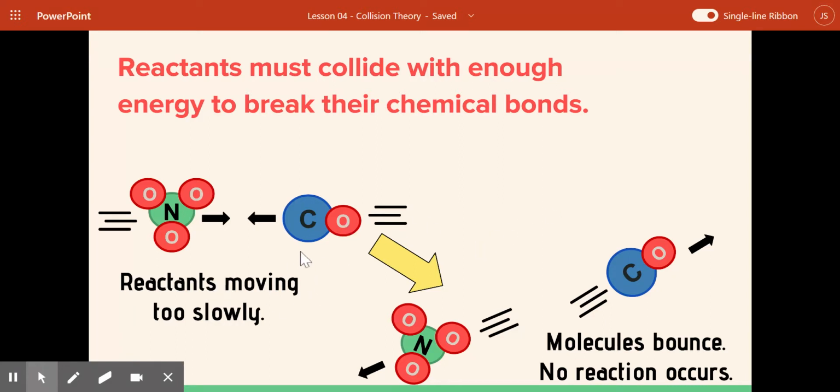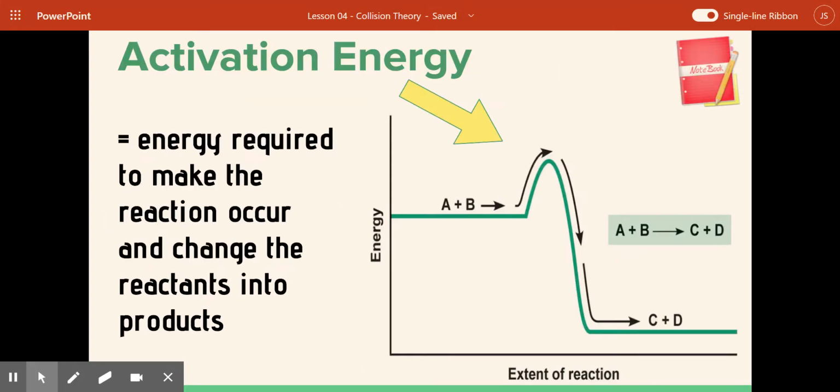If the particles are moving too slowly, they don't have enough energy, so when they collide, they're just going to bounce off each other and they're not actually going to have a reaction. I'm going to post a few videos in your OneNote as well to help explain this part.